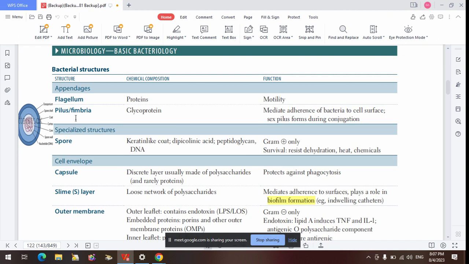An example is the lipopolysaccharide for gram negatives. An example is the flagellum. An example is nucleic acid for viruses. Those components of the bacteria or the virus can be recognized by the innate immune system, which then mounts an immune response to attack it.